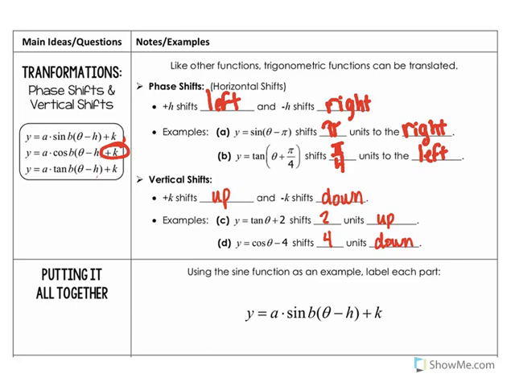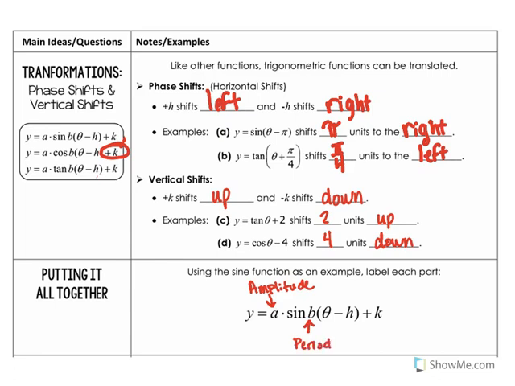Now let's look at our general equation. This number a out front, we know that a does not mean amplitude with tangent, because tangent has an undefined amplitude. But with sine and cosine, this is going to be your amplitude. And then we know that the b affects our period.